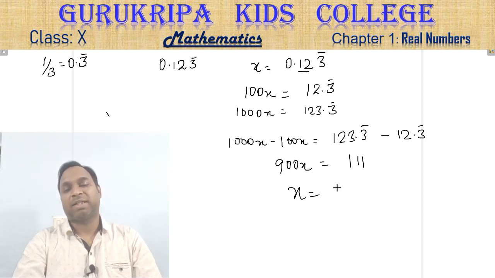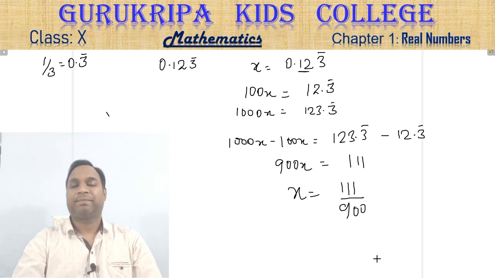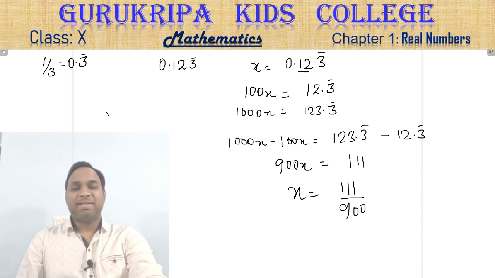This means x is equal to 111 by 900. Okay. You know this process to convert a recurring decimal into a fraction. Do you remember it? We have done all these things in the last class, I mean, standard 9th.